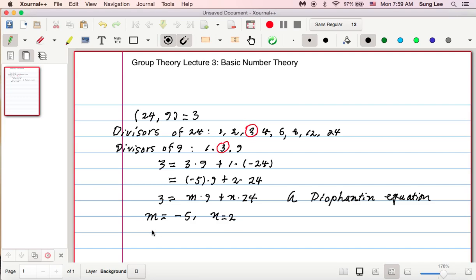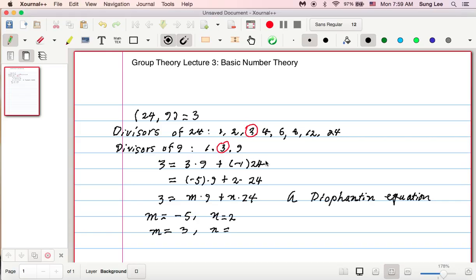The other one is m equals 3 and n equals negative 1, because I'm trying to write out the solution of this equation, so I should have written it as negative 1 times 24.